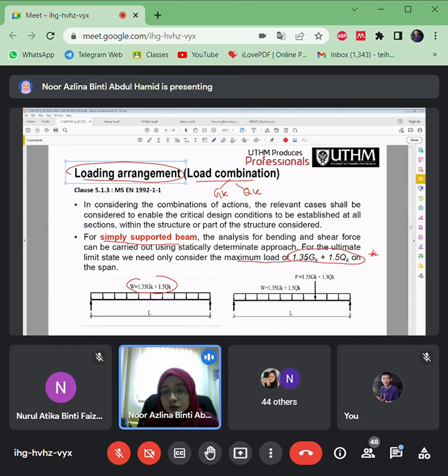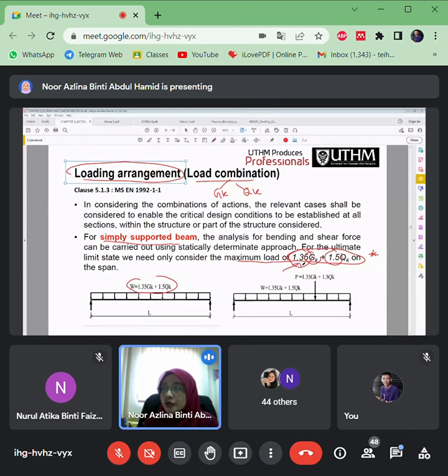You need to remember this equation, which considers the safety factor: 1.35 safety factor for GK and 1.5 safety factor for QK. So you just imagine GK and QK are the original loads, 100% load that we calculate based on the materials, based on the purpose or function of that structure.